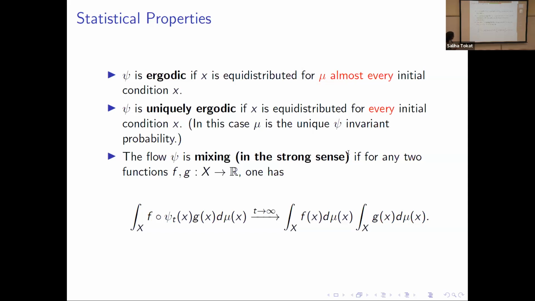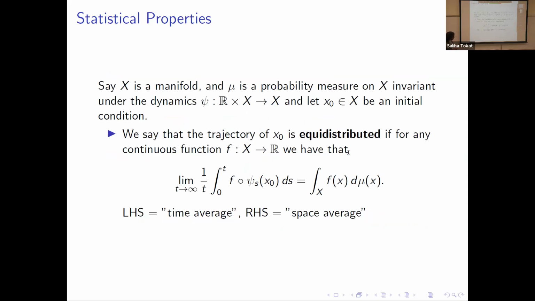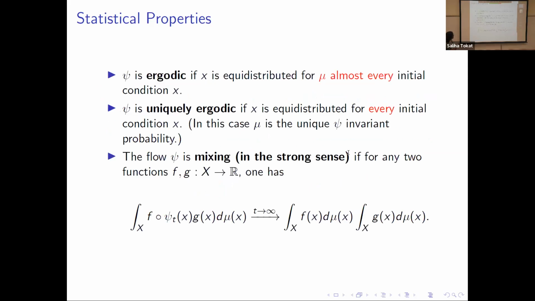And by using this equidistribution definition, we define ergodicity and unique ergodicity. The dynamical system is ergodic if almost every x is equidistributed in the space. It is uniquely ergodic if x is equidistributed for every initial condition. The difference is that in ergodic cases it is almost every initial condition, and in uniquely ergodic cases it is every initial condition x.